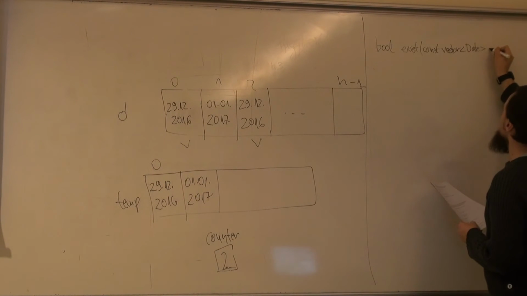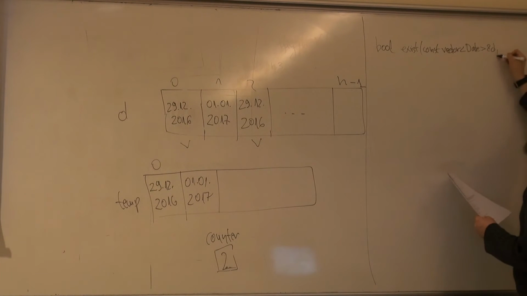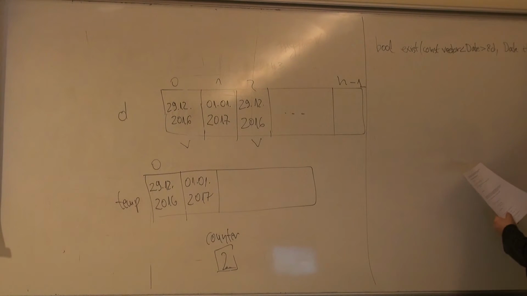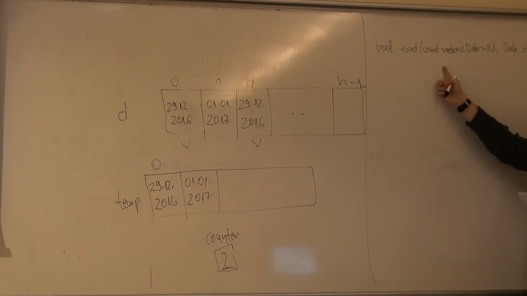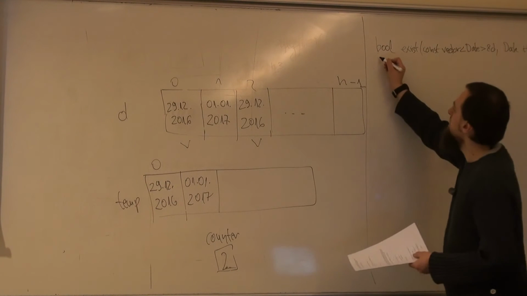Of course, I take it as a parameter, that's why I put the constant sign here, since I don't want to change it. And I'm taking another date, which is called item or whatever, and I want to check whether this item is in this vector here. If it exists, I return true. Otherwise, I return false.